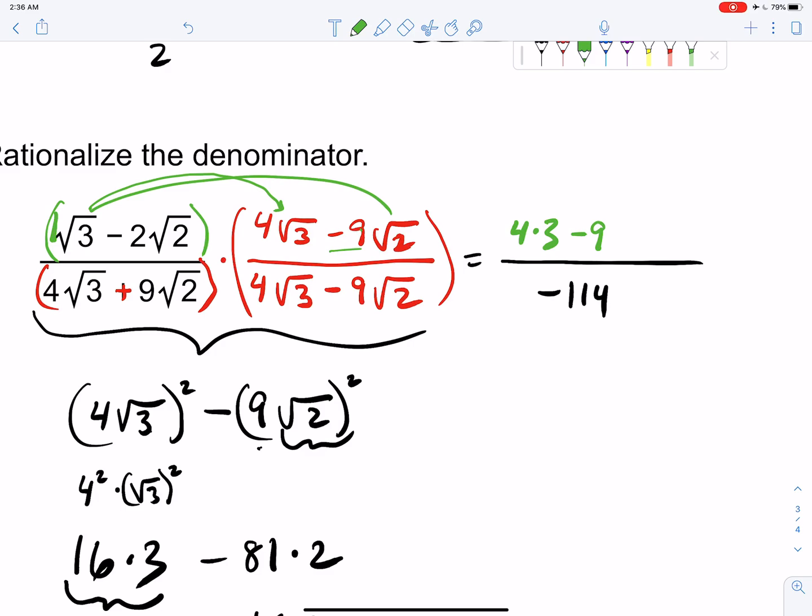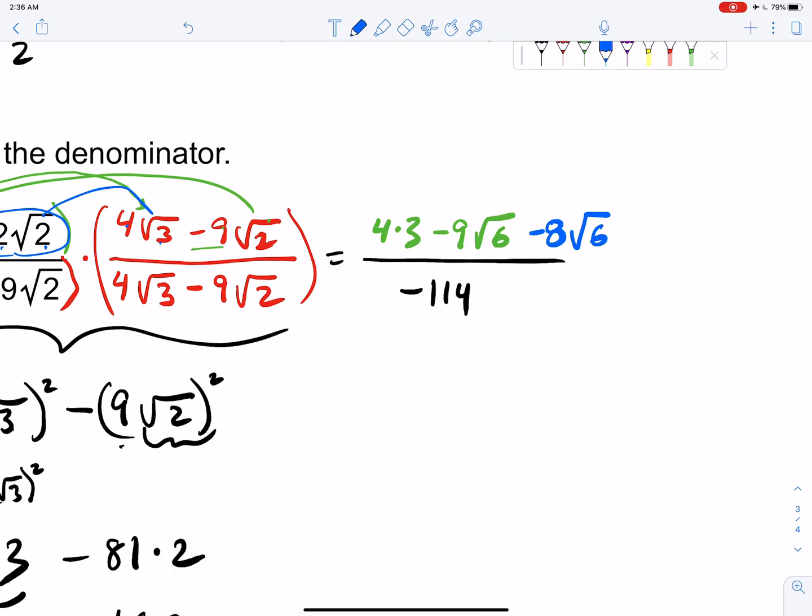And root 3 times root 2 gives me square root of 6. I'm going to use blue just to show the distribution of the next term. So let's start with the numbers. A negative 2 times 4 is negative 8. And root 2 times root 3 is square root of 6.